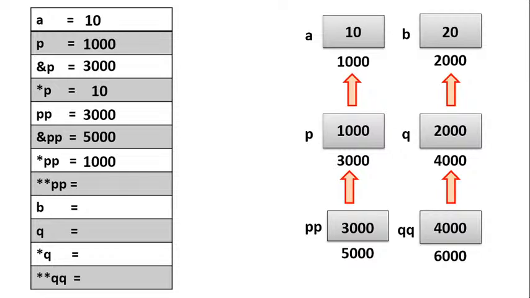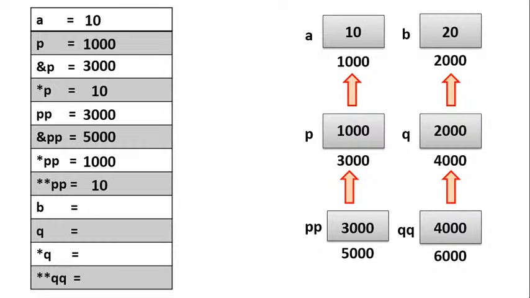Sorry, star pp value is 1000, no? Value at p. Star pp value is 10. Correct? So star pp value will be 1000, star pp value will be 10. So double star is basically skipping the previous pointer and moving directly to the source.